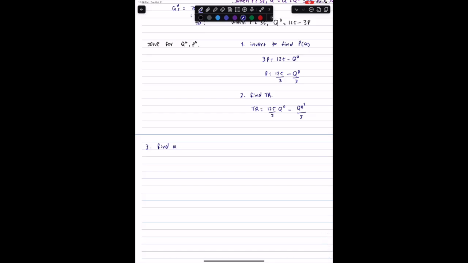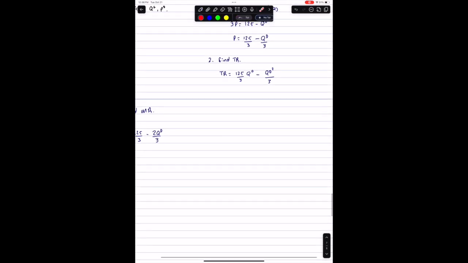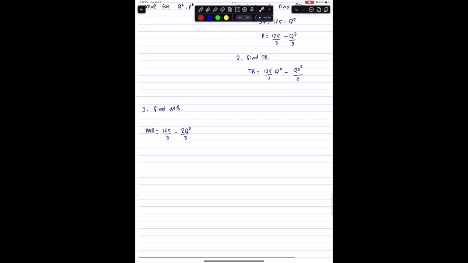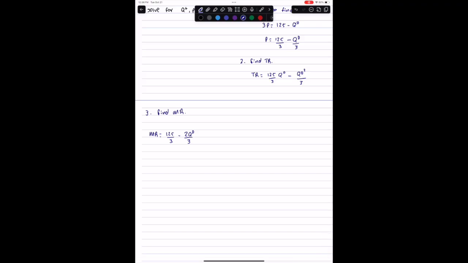Step 3, find marginal revenue. We know marginal revenue is equal to the derivative of total revenue with respect to Q. It's going to be equal to 125 over 3 minus 2QD over 3, right? Derivative of the top, we leave the bottom constant.